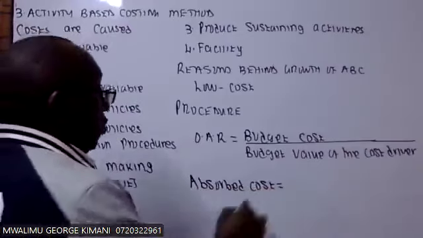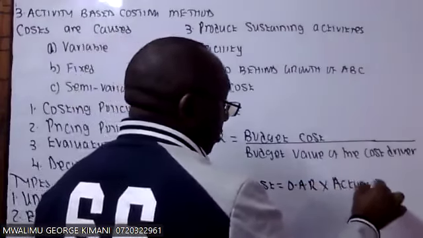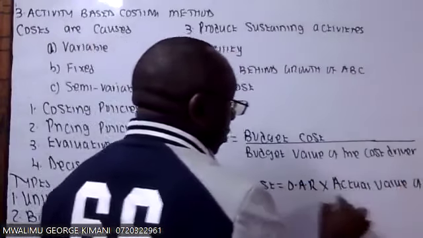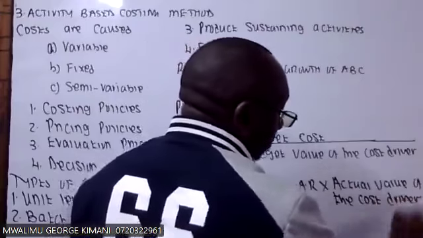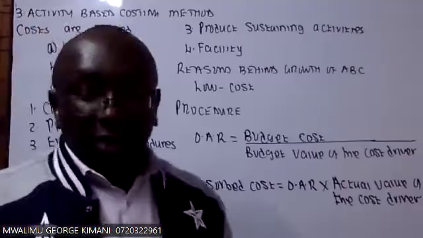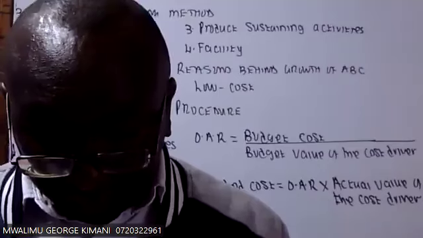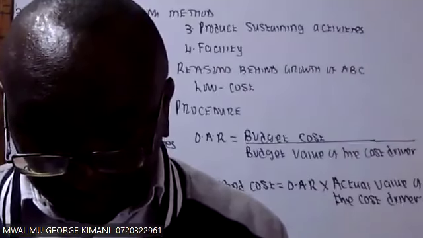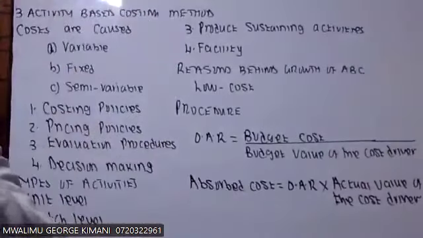Absorbed costs is equal to OAR times actual value of the cost driver.